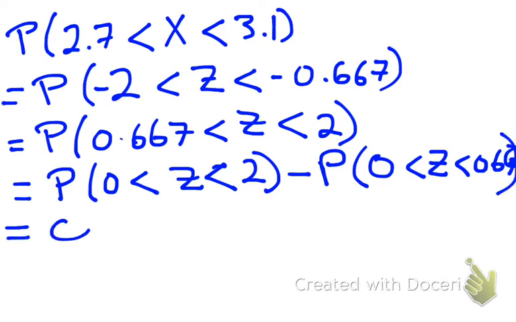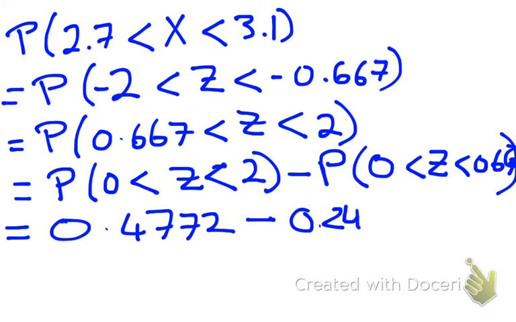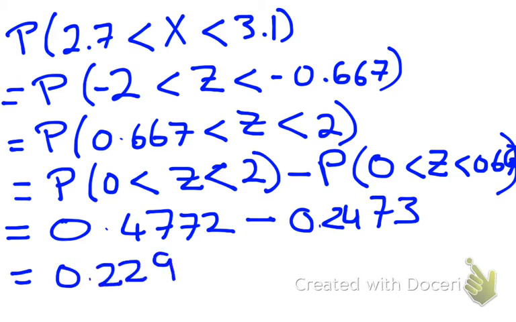So that's going to give us 0.4772, take away 0.2473, which gives us an answer of 0.2299. So we found a difference because we're subtracting the areas, and then we write a sentence saying that the probability that our backpack weighs between 2.7 and 3.1 kg is equal to 0.2299.